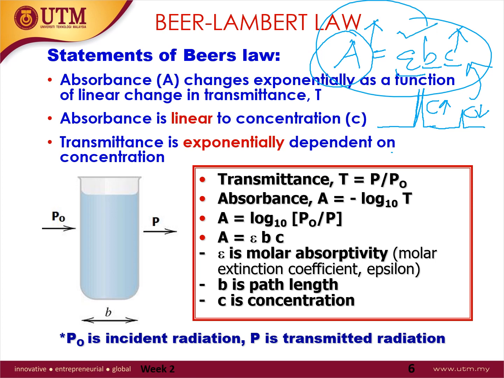But how did the scientists before us get this kind of equation? Go back. Absorbance changes exponentially as a function of linear change in transmittance. What is this? Remember, you have your source over here, radiation. It bombards your sample.